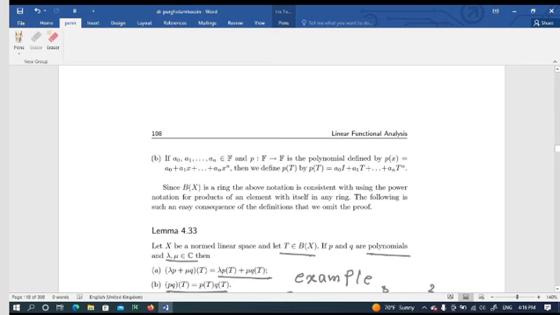So we can define P of T by P of T equals a0I plus a1T plus ... plus anT power n, where I means the identity function. So we replace x by T, and we can define P of T by this formula.